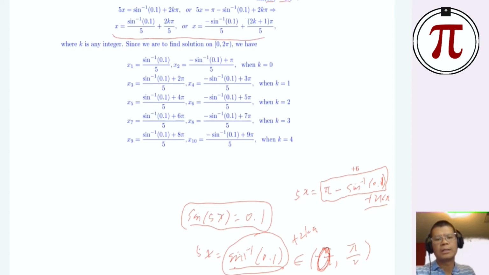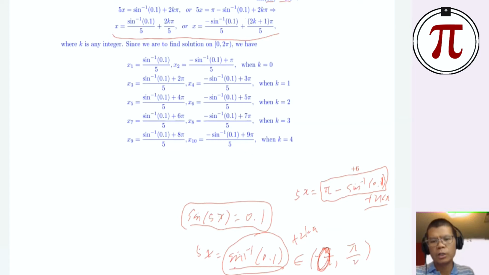Once I have the general solution, I will consider for what values of k the x values, this root, will be between 0 and 2 pi. Does that make sense?